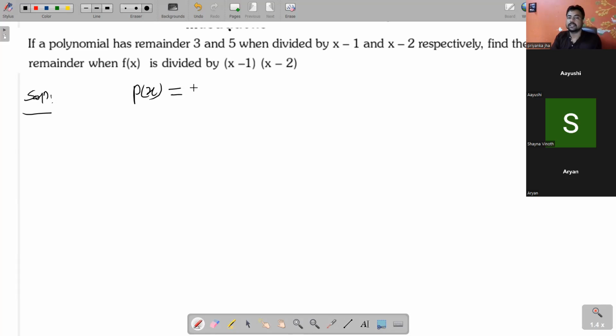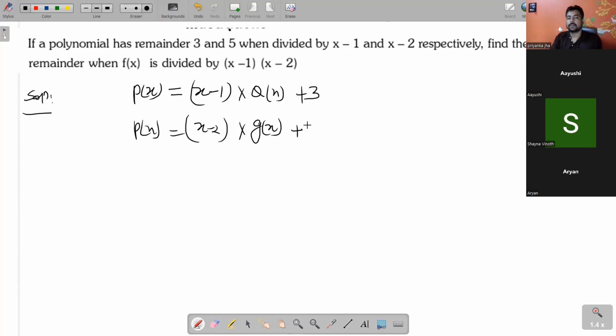So this can be written as polynomial equals divisor into some quotient, a function of x, plus remainder 3. Same polynomial, if divided by x minus 2, we get remainder 5. So again, the same polynomial can be written as divisor into some other quotient, which will be different in this case, right? Suppose this function is g(x), plus remainder 5. This is how we write, right?